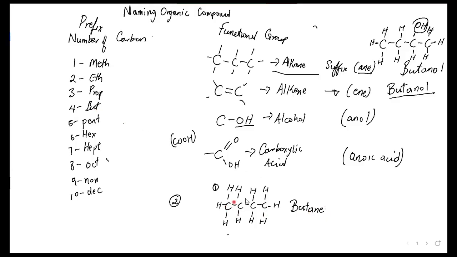And then we look at what else is there. There are only single bonds between the carbon atoms, no other atom present aside from carbon and hydrogen, so we're looking at an alkane because there's only carbon to carbon single bonds present, nothing else. So it ends with ane.